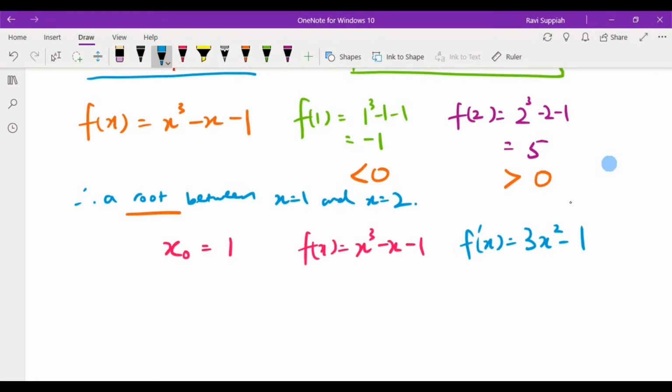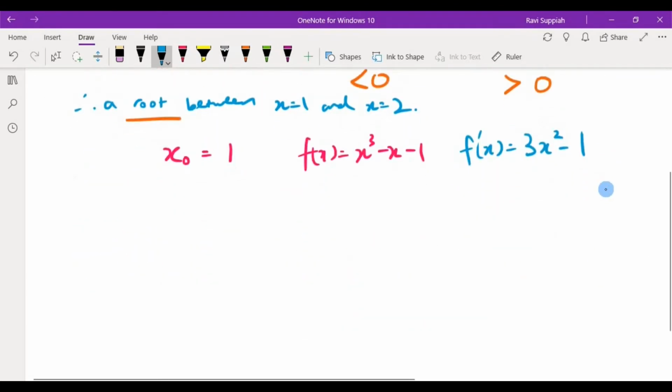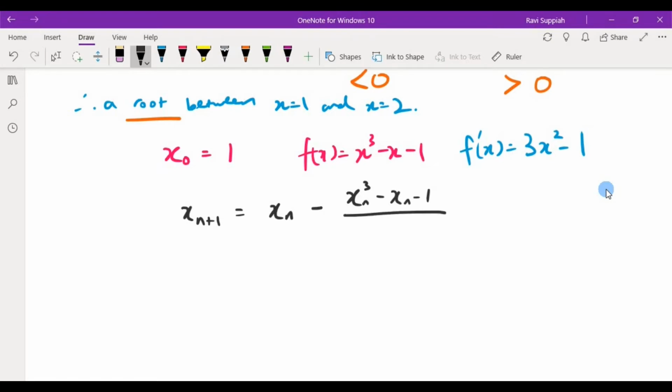Putting these two terms into the expression, x_(n+1) equals x_n minus (x_n cubed minus x_n minus 1), which is your f(x), divided by 3x_n squared minus 1, which is f'(x). Now let's start off with x0 equals 1.